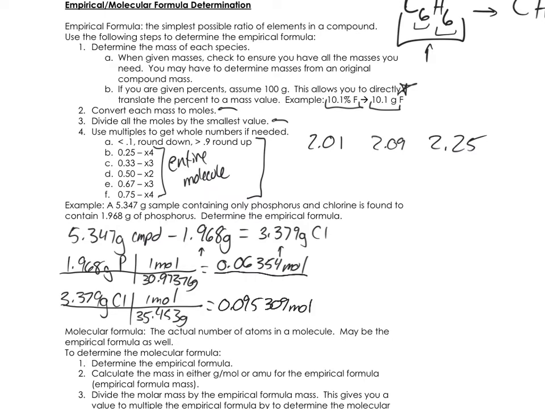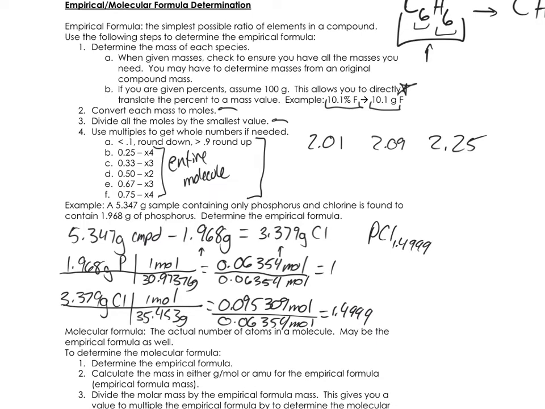I now pick the smallest one so that I can make a ratio. That's going to be the top, 0.06354 divided by 0.06354. This becomes 1, and this becomes 1.4999. So currently I have phosphorus 1, chlorine 1.4999.